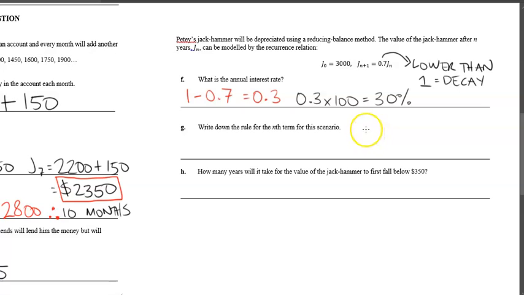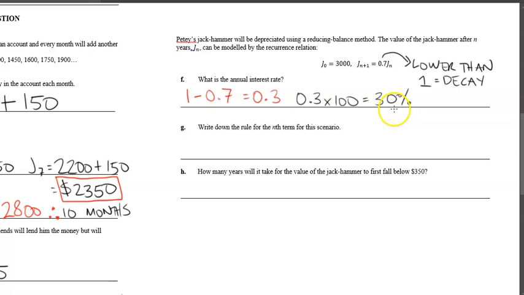And this will give me the rate, the annual interest rate. Or in other words, this is decaying by 30%. So in other words, we find 30% of the initial amount and subtract it, and then the next amount we find 30% of it and subtract it, or we could just multiply it by 0.7. This will suffice, it's the same thing.